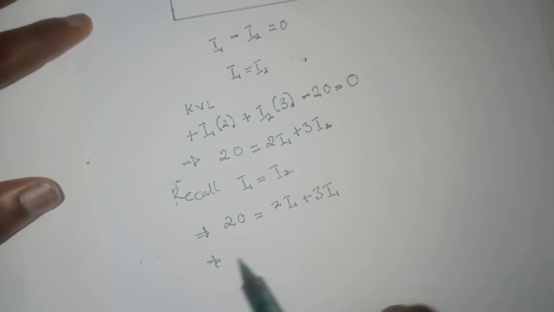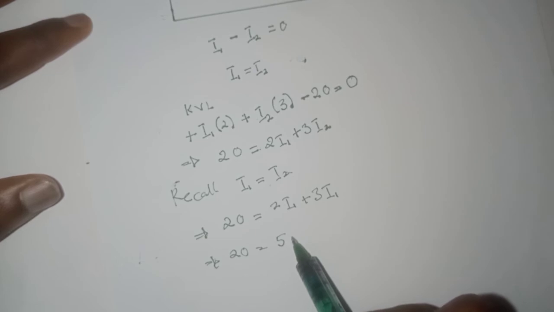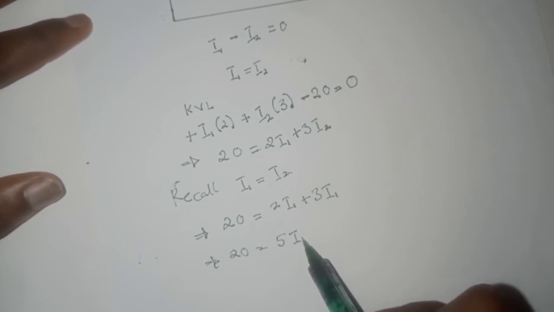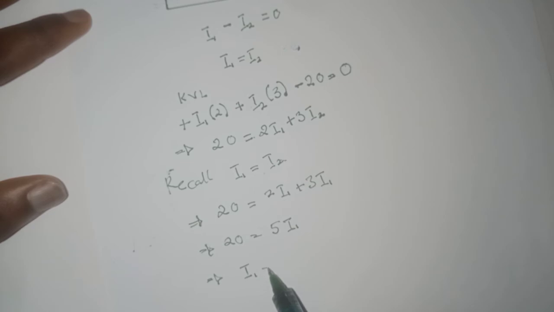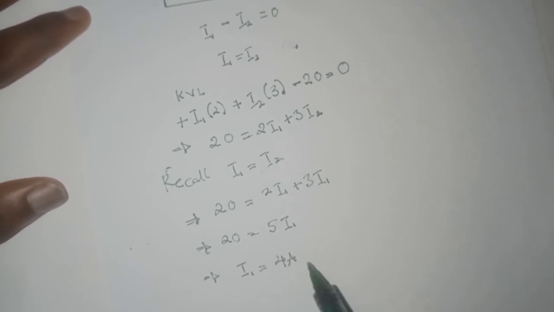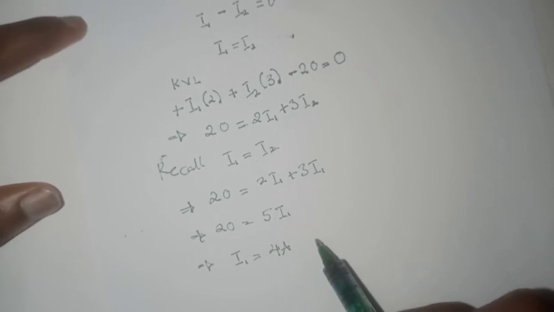This implies that 20 is equal to 5I1. This would imply that I1 is equal to 4 amperes, right?